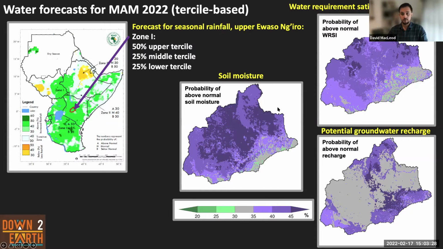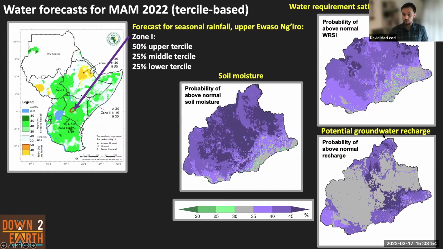Whereas in the lowlands, the rainfall signal is passing through entirely, and we're seeing enhanced chance of above normal soil moisture. If you look at the top right now, that's a plot for WRSI, which is showing a similar pattern, even a slightly larger region where the rainfall signal has been dampened.